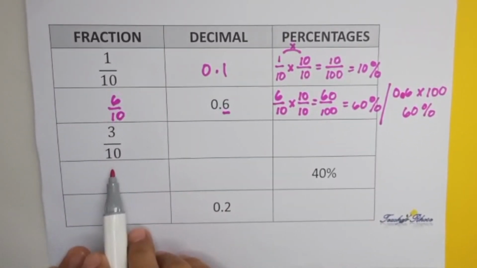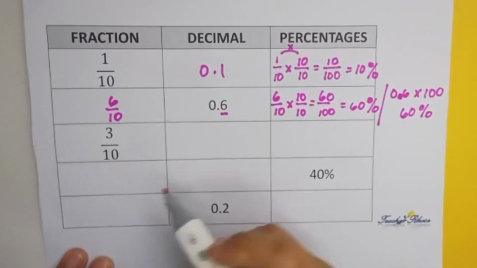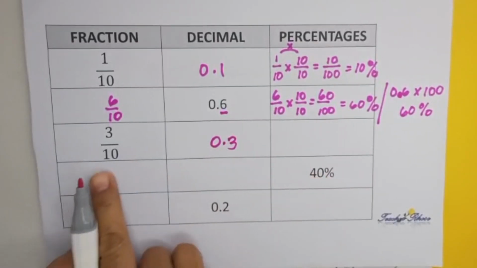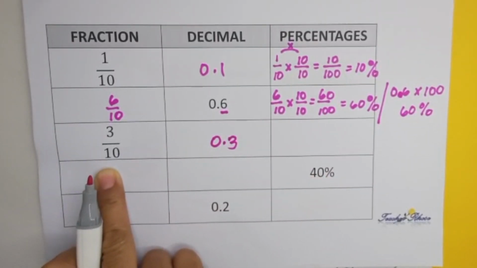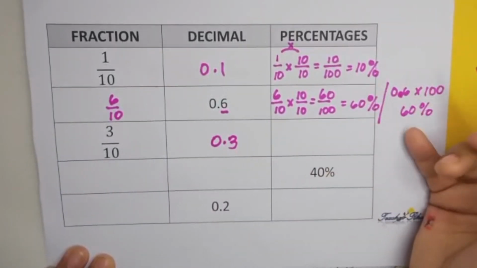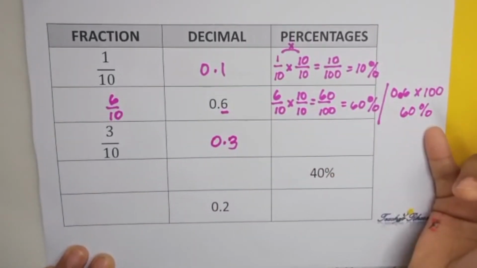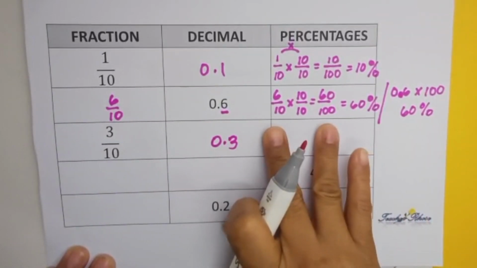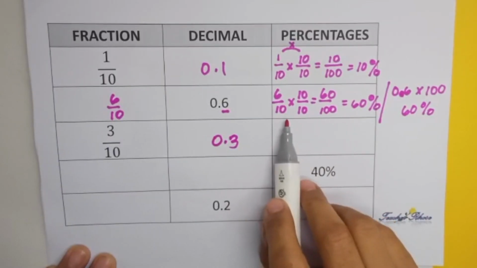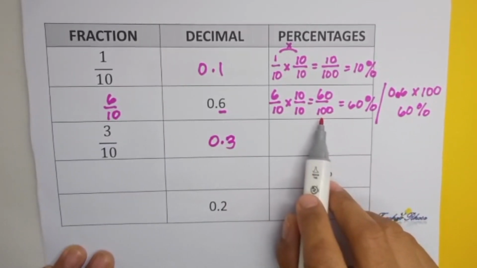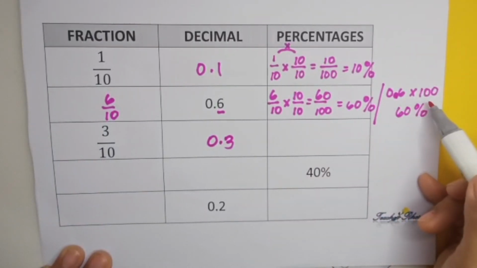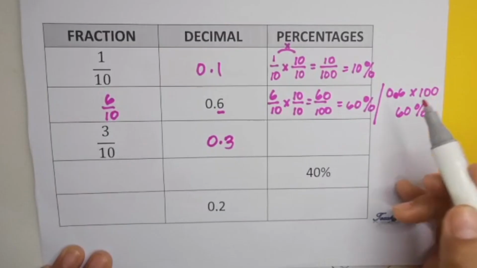3 over 10, okay? It is 1 decimal place, since it is cut into tens. Now, how will it be into percent? You will have your own ways if you want. You can use my way, which is finding a number that will give you a denominator of 100, or you can simply multiply by 100 and move the decimal places.